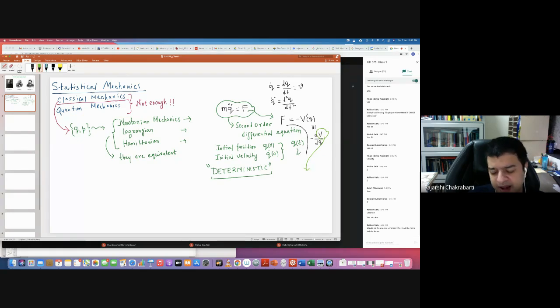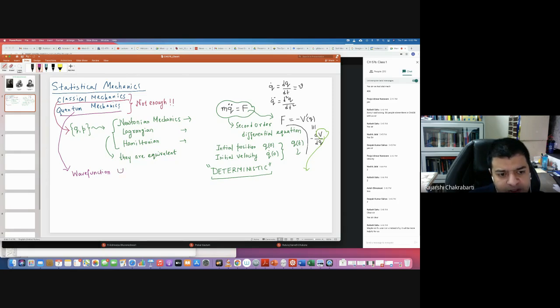And on the other hand, if I go to quantum mechanics, the descriptors are different, isn't it? We describe quantum mechanics not in terms of position and momentum of the particle. Rather, we have something known as the wave function, and we usually work in coordinate space.